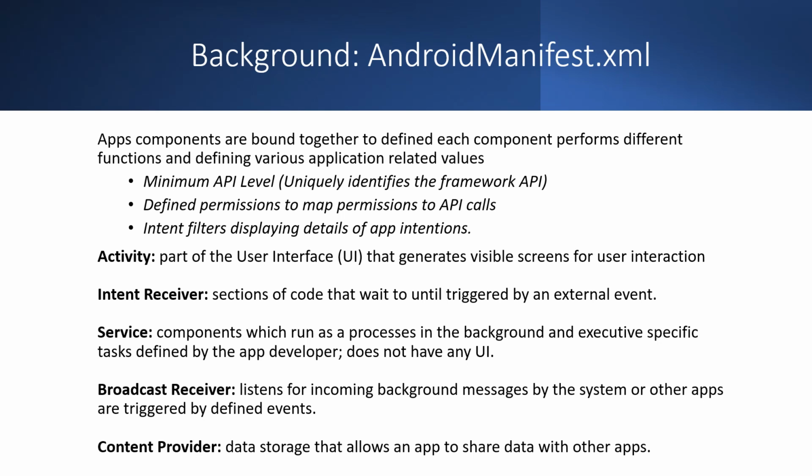Some of the main parts of the Android manifest are the activities, which are a part of the user interface; intent receivers, which are sections of code which wait until triggered by an event; services, which run as a process in the background; broadcast receivers, which listen for an incoming background message by the system or other apps; and a content provider, which is data storage that allows an app to share data with other apps.